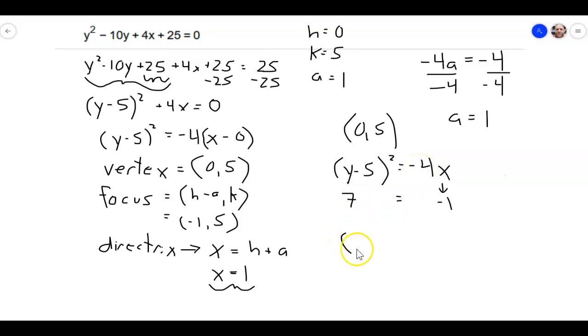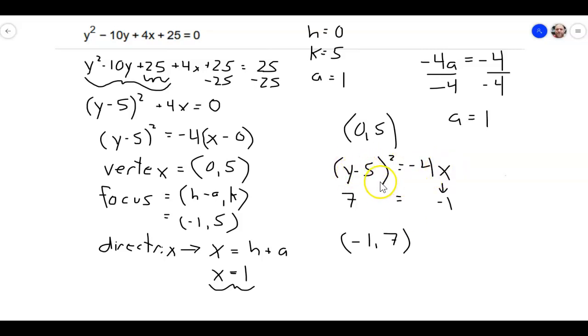And then I have the point, and you have to make sure you put it in the right order, -1, 7. So that's the second point that I'm going to use. And you want to get whole numbers. The reason I didn't use 6 is that 6 minus 5 is 1, and 1 squared is 1, and then this would end up being a fraction over here, because it would be -1/4.